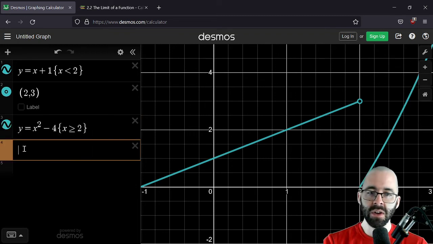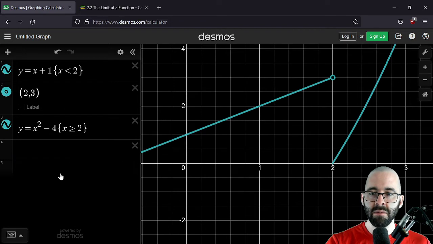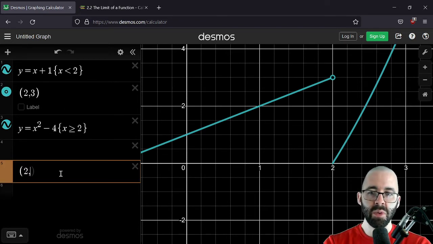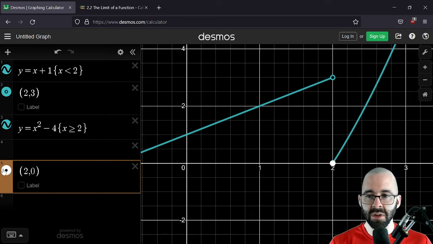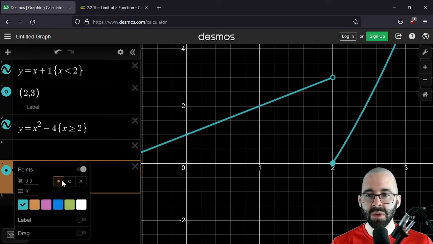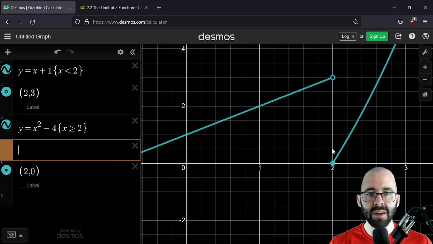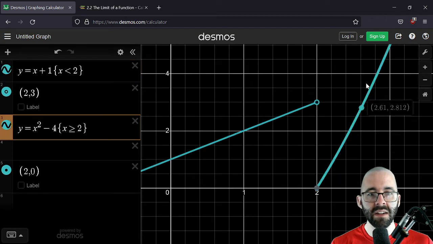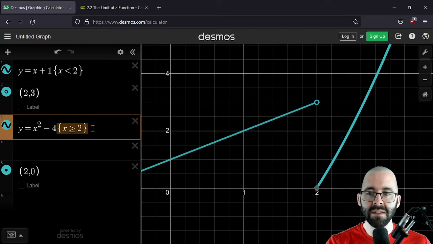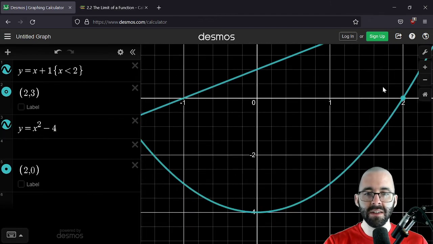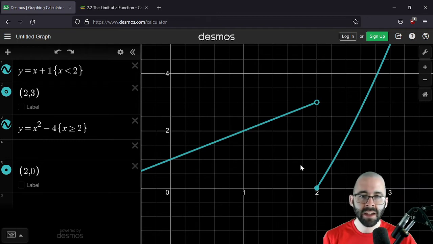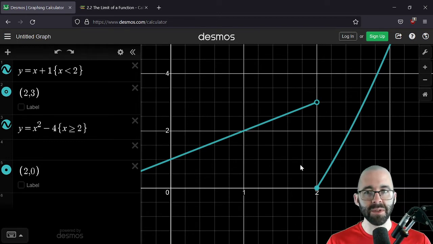If we wanted to, we could make a closed circle here because x equals 2 is included here. This is the point 2, 0. There should be a blue solid point here. That's how we can graph this piecewise function. On the left, it's a line. On the right, it's part of a parabola. If we get rid of this, you can see the whole parabola, but it's a piecewise function, so it's only part of that parabola. And that's how you can graph a piecewise function with Desmos.